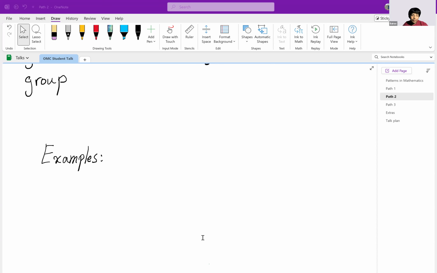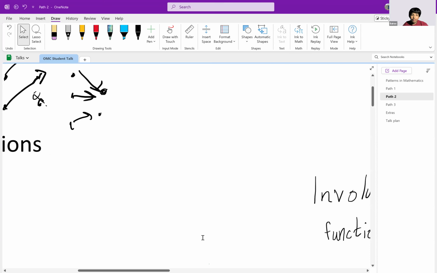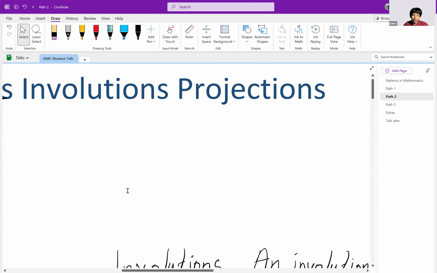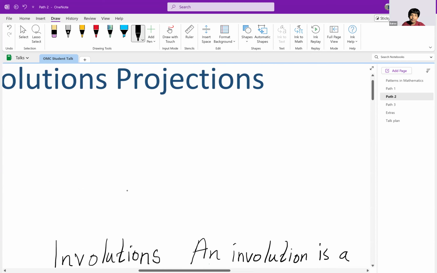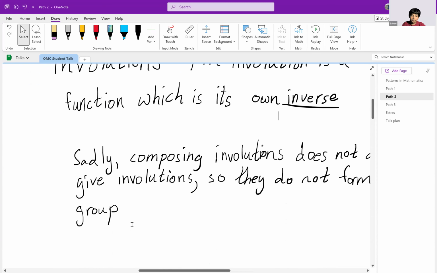Yes, that does work for groups. So if we look at a group, we do get that if we take the function of every element to its inverse, that would be an involution. But in this context, we're going to just look at general involutions.